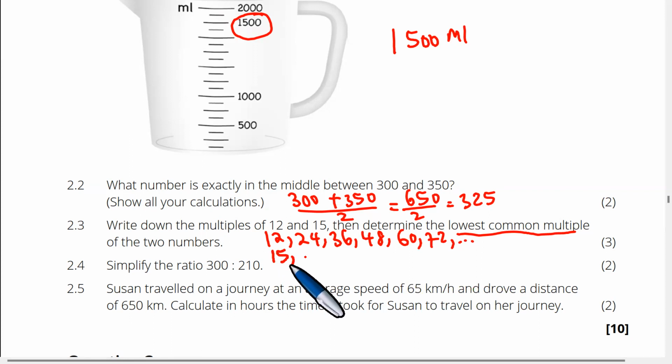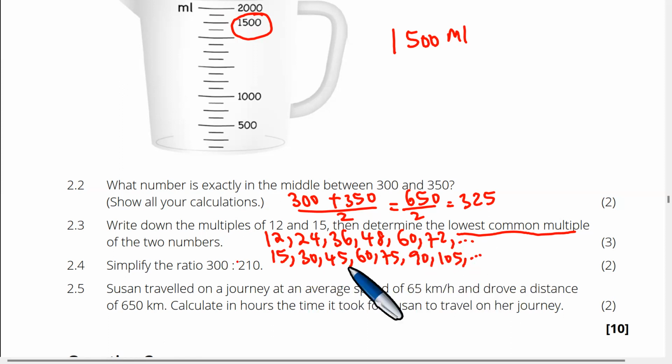Then you have 15. You add 15, you get 30, 45, 60, 75, 90, 105, and so on. Because they said write down the multiples of 12 and 15, and we've done that. These are of 12, and the bottom ones are of 15.